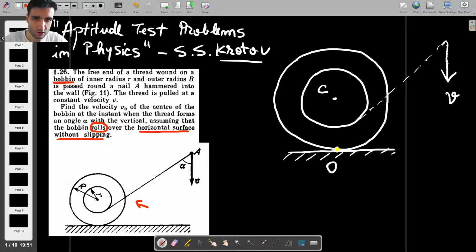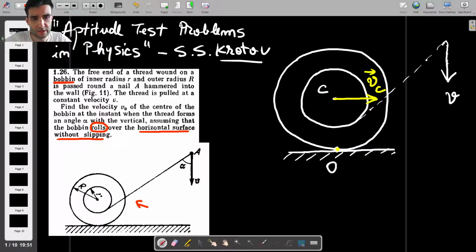So because it rolls, this is actually a hint, and it tells us that the direction of the velocity of point C, of the center of mass, or just the geometrical center, is going to be in the horizontal direction. Okay, and without losing any generality, I'm going to assume that that velocity at point C is going to be to the right. Okay, and I'm going to call this VC with an arrow because this is a vector, obviously.